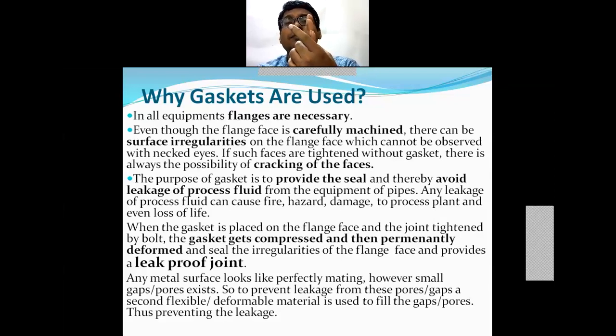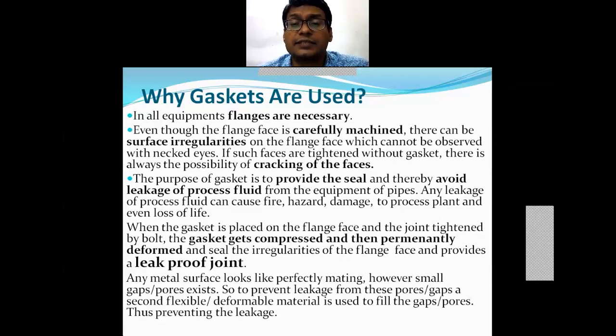There is a possibility that these flanges may get broken when you tighten with high pressure. There is a possibility of cracks on the faces. So the purpose of the gasket is to provide the seal and thereby avoid leakage of the process fluid from the equipment or the pipes.